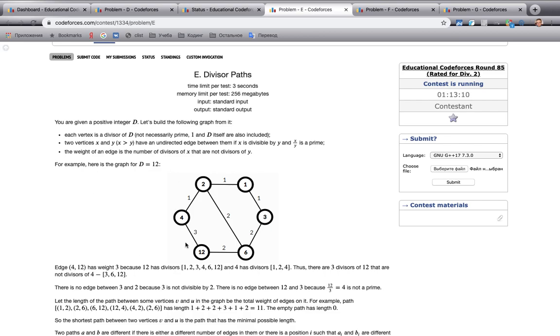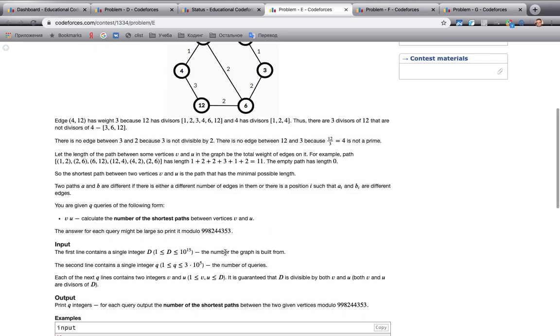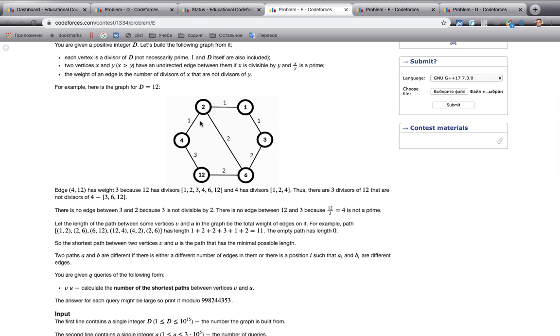In problem E, we are given a number D, which is very big. We will find its divisors and construct a graph such that the divisors are vertices of this graph.